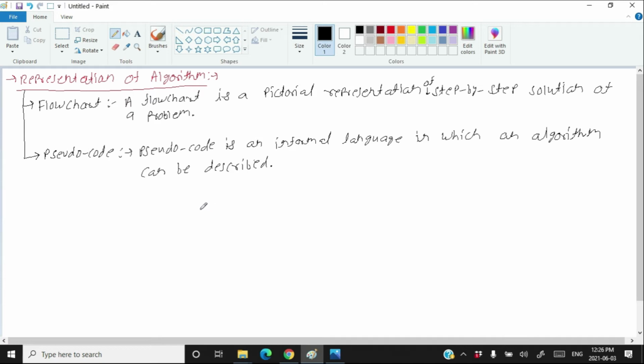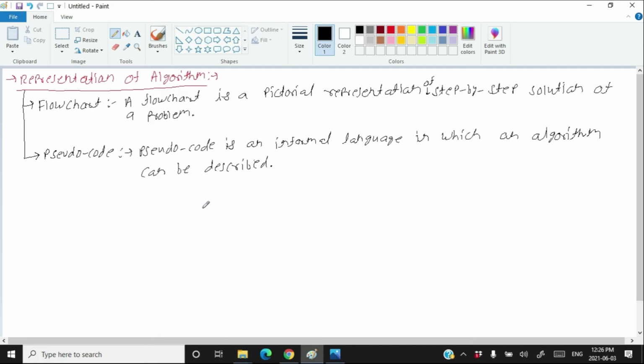That means an algorithm whose steps are written using English-like sentences is called pseudocode. Pseudocode means false coding which cannot execute on any programming language. Statements of the pseudocode are just written in English-like sentences. So these are the two ways to represent an algorithm.